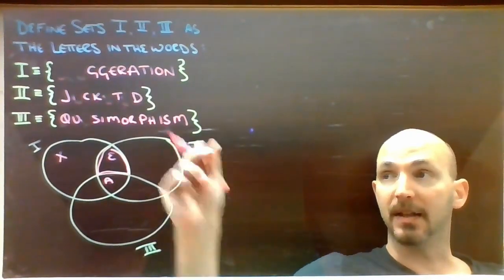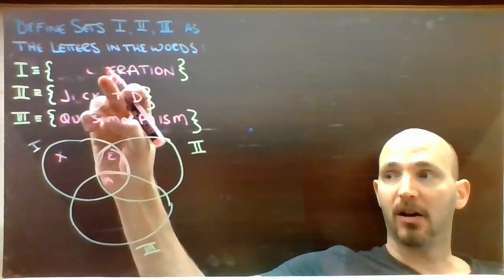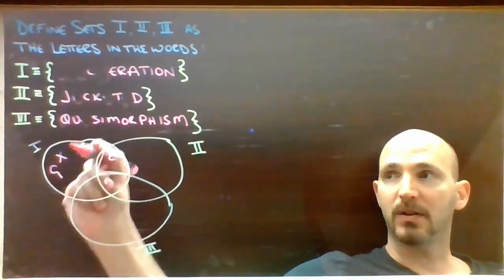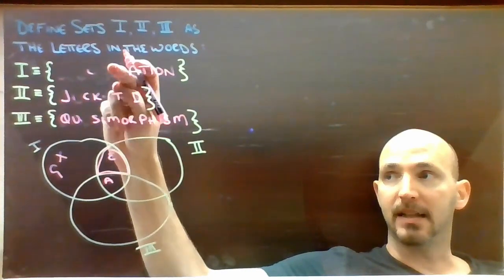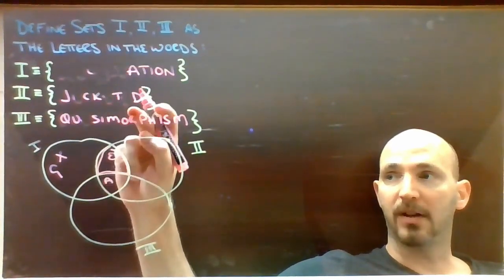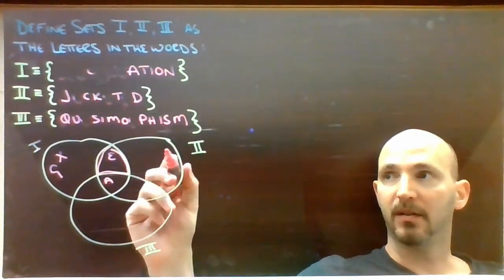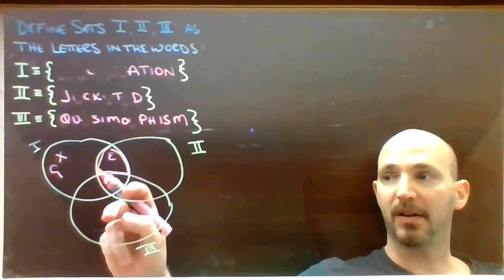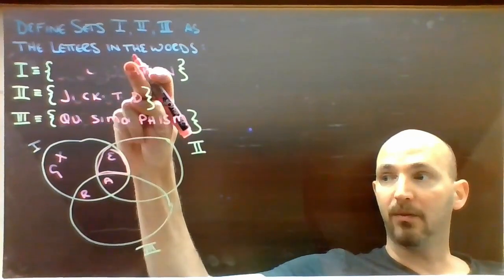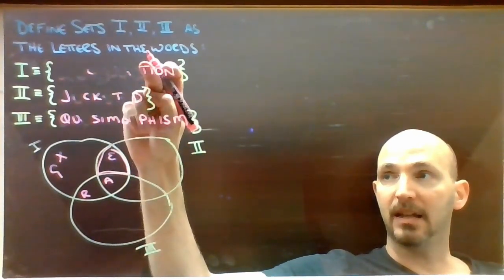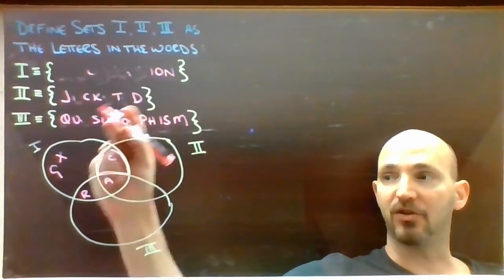If I keep going through this, G's are only in this word. We already have the E. R is in exaggeration and quasimorphism, so that would be here. A we already have. T is in exaggeration and jacketed.